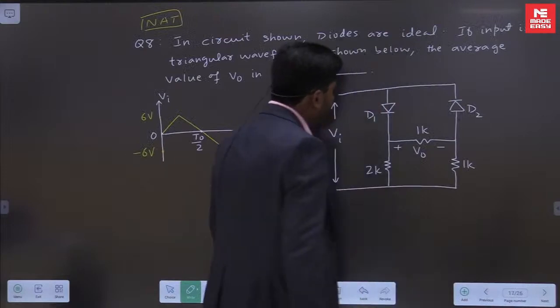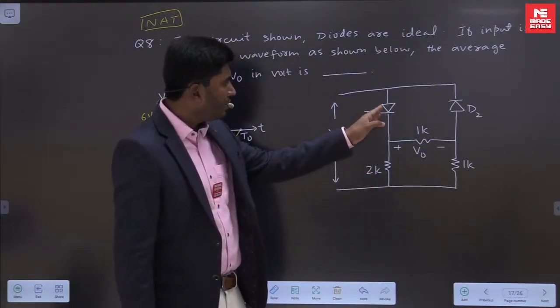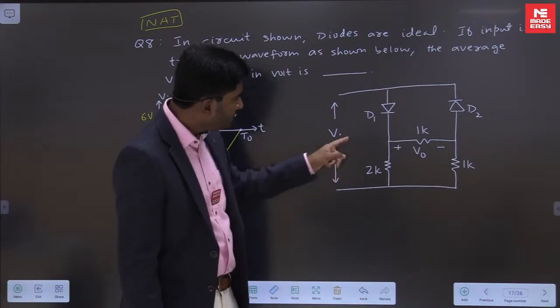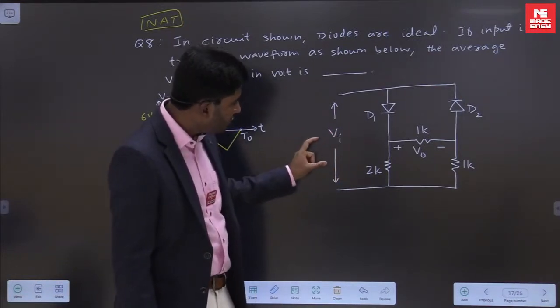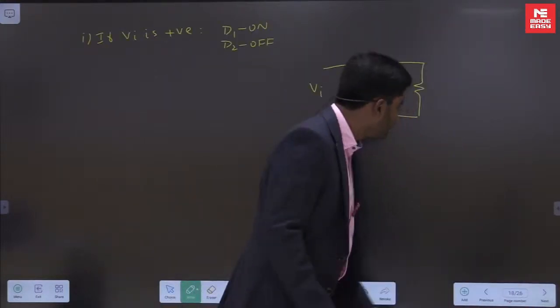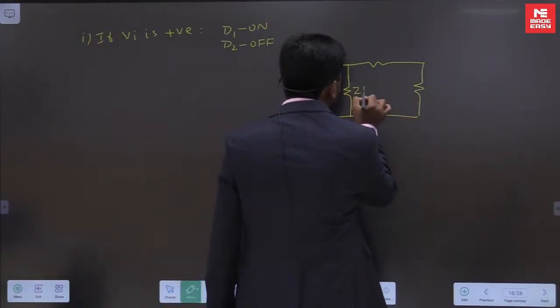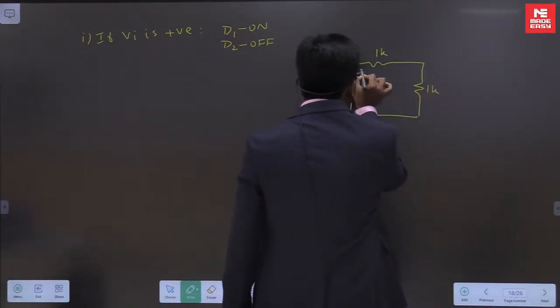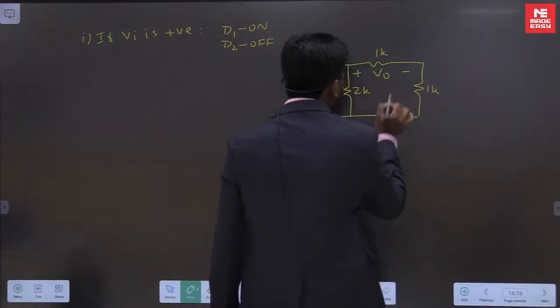With D1 in on condition, Vi will appear across this 2K, this 2K and 1K, 1K. And this is your V0.